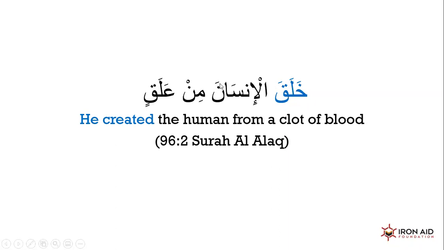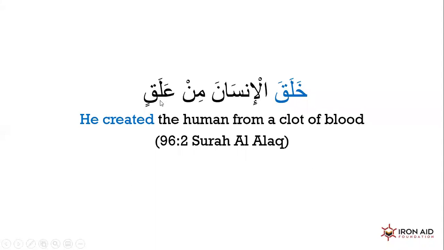Min, we learned from last lesson, is a preposition. From alaqin. Alaq is clot of blood, from a clot of blood. And why does it have a double kasra here? Because of the harf jar min.